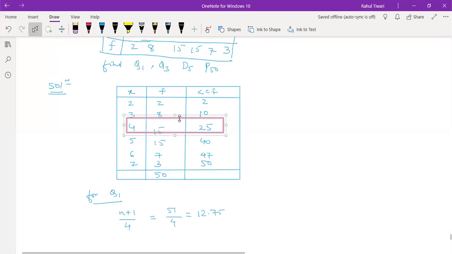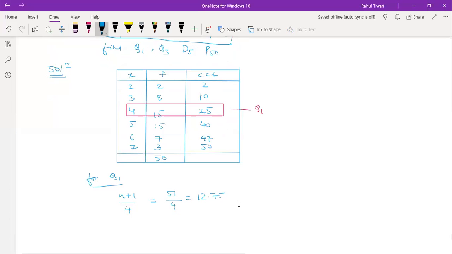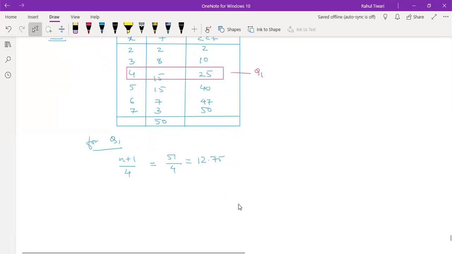Because 12.75 obviously will not be included in 10. This will be included in this class, right? So this is for Q1, and the corresponding value of x is your Q1. Therefore I can say that Q1 is equal to 4.